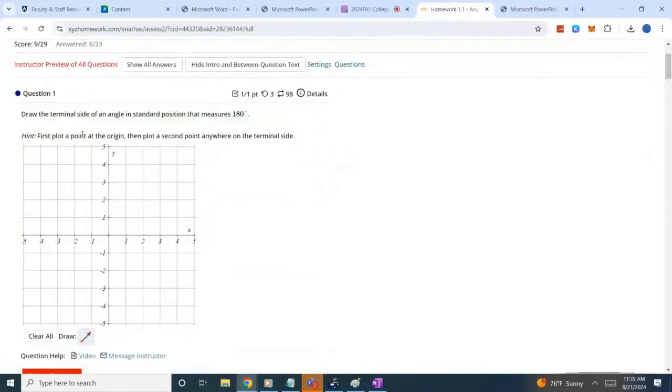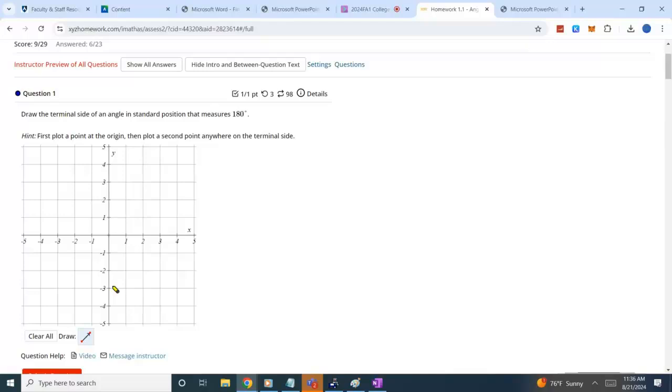It says find first plot a point at the origin, then plot the second point anywhere on the terminal side. So this question assumes that the angle is in standard position, and it assumes that it starts here. You just have to plot the terminal side. So if I were to plot out a 180 degree angle, my initial side would start here.